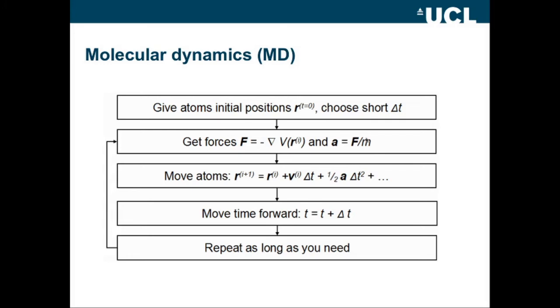We know the masses of the atoms, and therefore we can calculate an acceleration. We can now update the position of all the atoms by applying the acceleration and the velocity, and then we can take a time step and repeat the whole process. Recalculate the forces, move the atoms, take a time step, and so on.